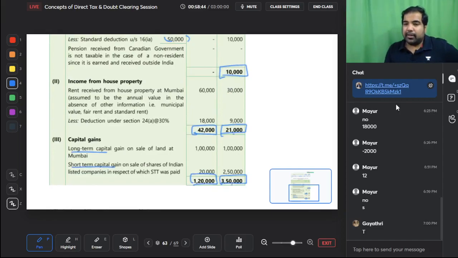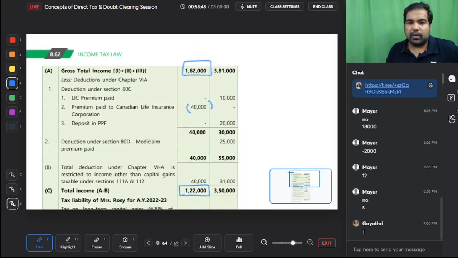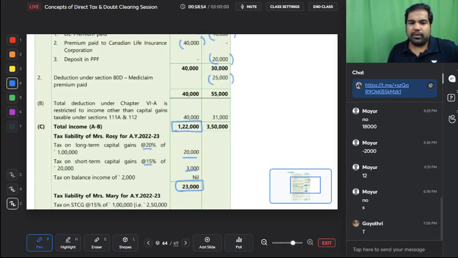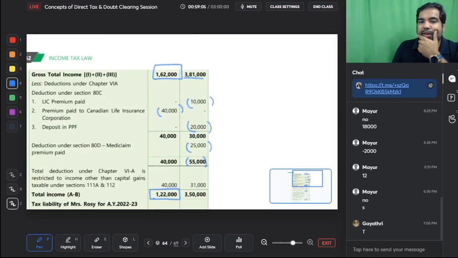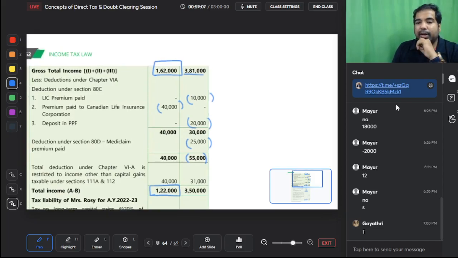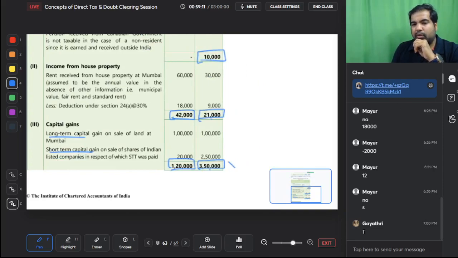So 3,50,000, 21 and 10. Guys, you might get a rebate here, but we will see how that goes ahead. 3,81,000 minus 10 minus 20 minus 25, so that is 55. Total deduction is restricted to income. Yes, very interesting, guys. Your deductions are 55, but you cannot minus the deductions from these incomes. 3,50,000 you cannot minus the deductions.